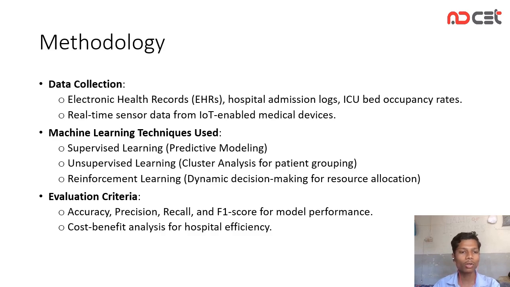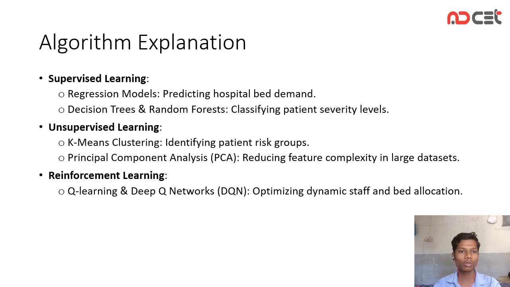The evaluation criteria are accuracy, precision, recall, and F1 score. Then we will see clearly which algorithms they use. First is the regression model, used to predict hospital bed demand, in the form of linear regression.